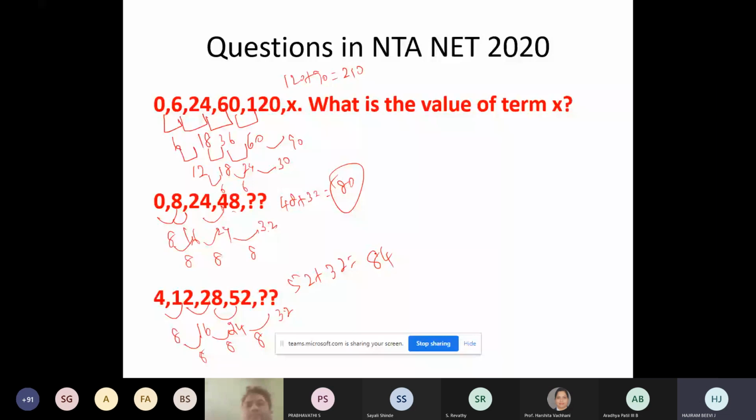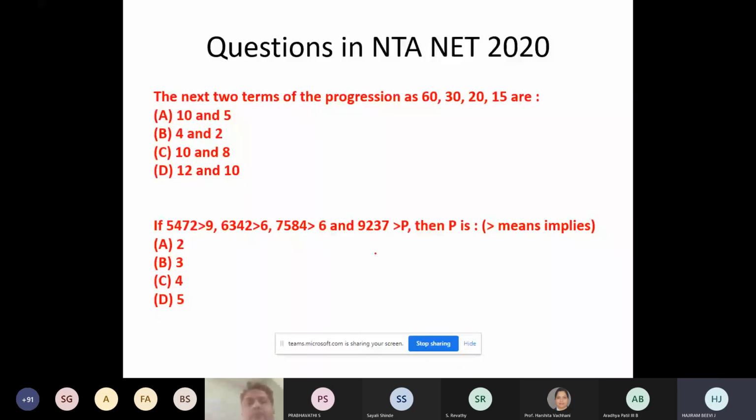Then the next two terms of the progression are 60, 30, 20, 15. Options are 10 and 5, 4 and 2, 10 and 8, 12 and 10. Okay, so here they are asking the next two terms. So take the first one. 60 divided by 1 is 60.